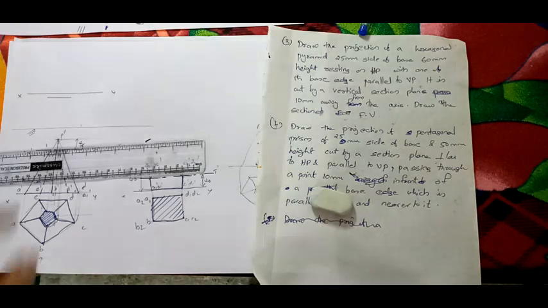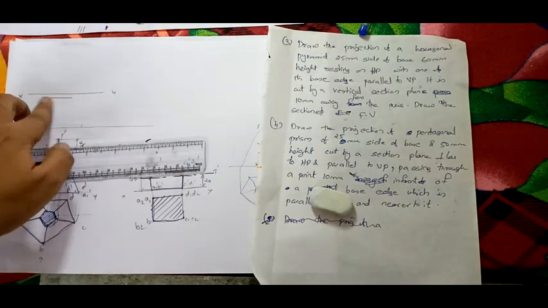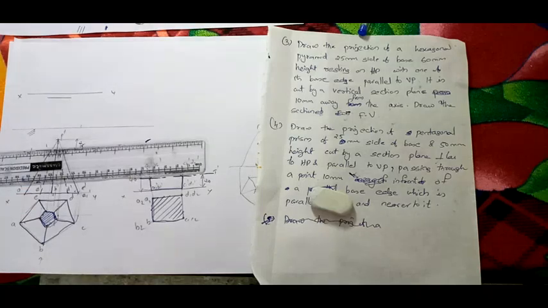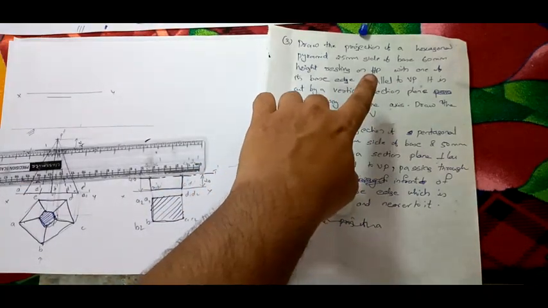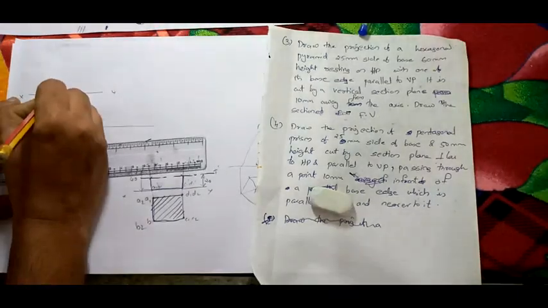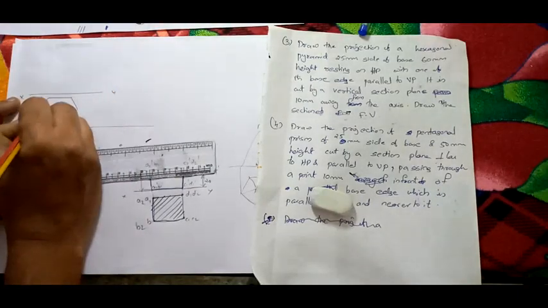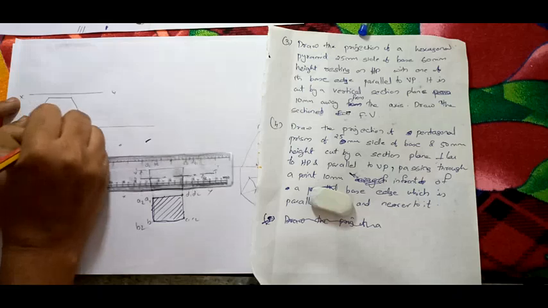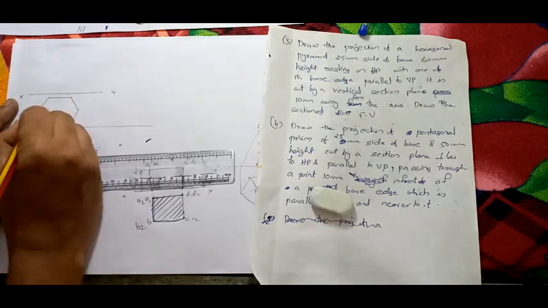So here your base edge is parallel to VP. Already it is resting on HP, so the top view is a hexagon. Now complete the hexagon taking 120 degrees, which I need not explain as you already know how to draw it.